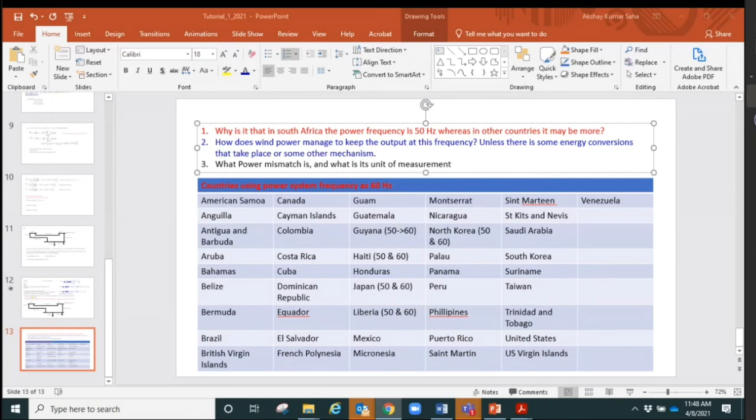Similarly, reactive power injection will be QGI minus QLI. So now we know what P injected and Q injected are on that ith bus.